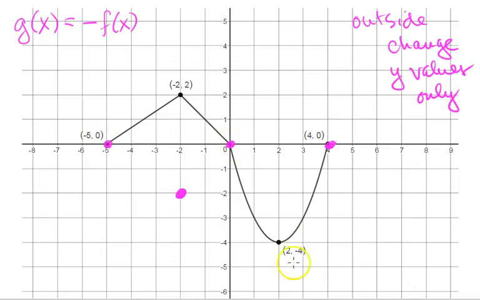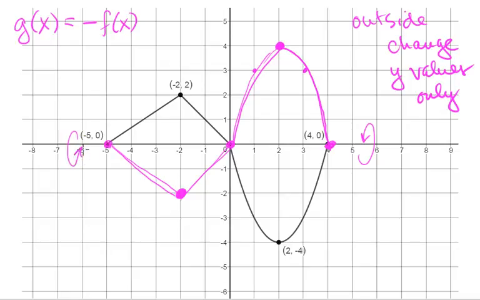A third 0 that stays in place. This negative 4 becomes positive 4. The negative 3's become positive 3's. Okay, so this is a reflection around the horizontal axis. So it's as if I had a wire running through the zeros and I twirled it in my fingers. That's how I always think of it.